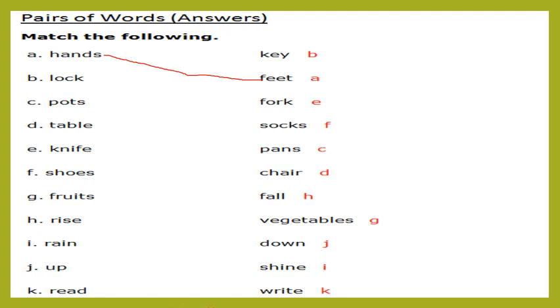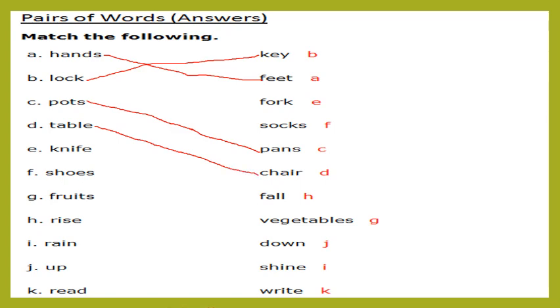Lock and key. So these two are also a word pair. Now the next, pots and pans is also a word pair. So we have to match here. Then next D, table. So table and chair. Very nice. So we'll match table to the word chair.